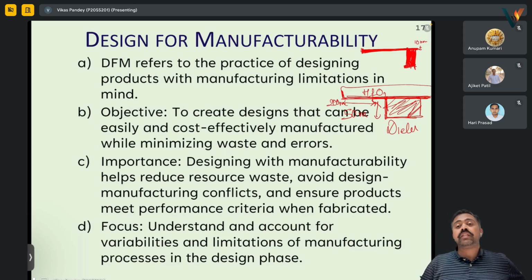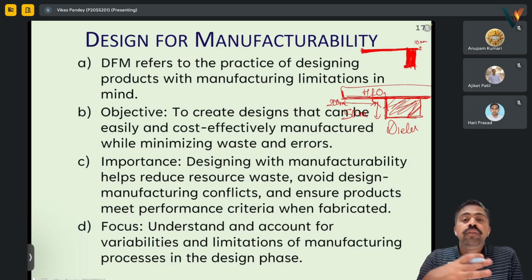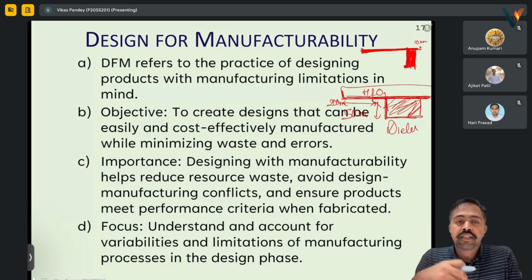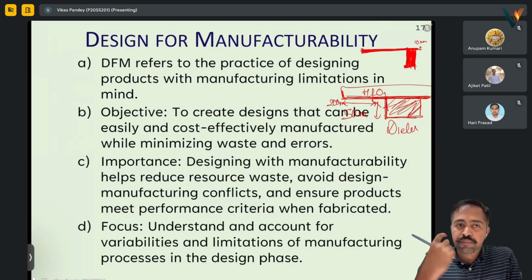So such considerations are not taken in mind. When we take such considerations in mind, it is called design for manufacturability. That means from the start itself, when we are designing or conceptualizing, we keep in mind that we have to actually manufacture it.